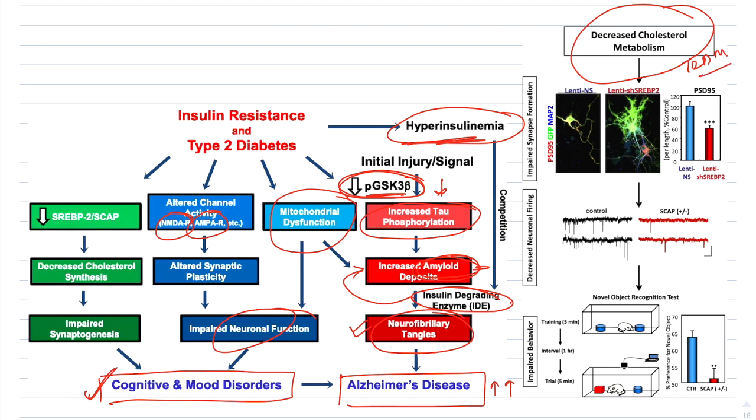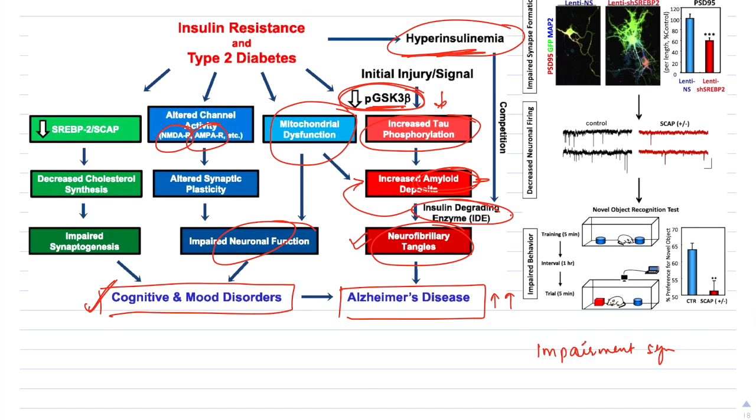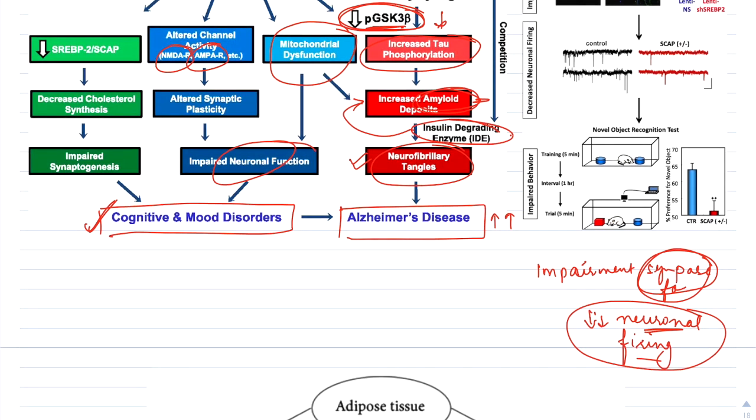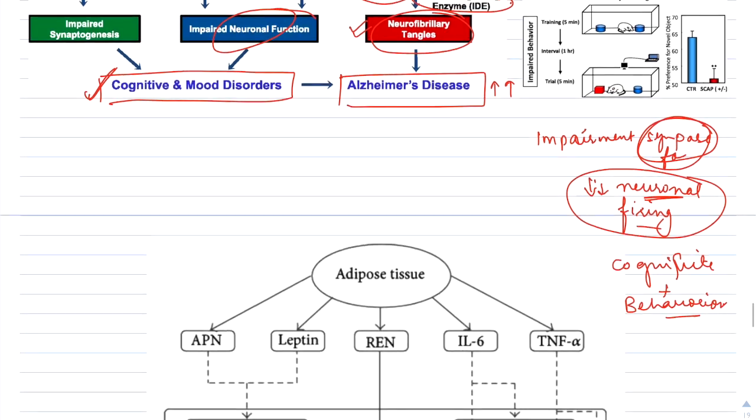There will be a decreased neuronal firing thereafter. Because the synapses are responsible for neuronal firing, the nerve conduction velocity will decrease, the nerve conduction will be altered, there will be decreased neuronal firing, and overall leading to cognitive and behavioral disorders. So cognitive plus behavioral disorders occur in diabetes because of the above things.